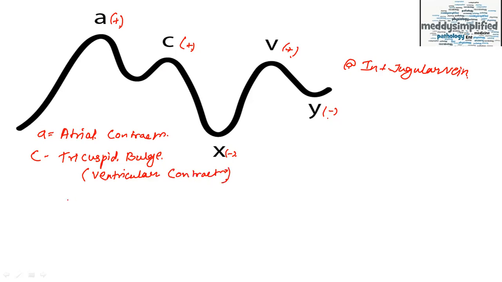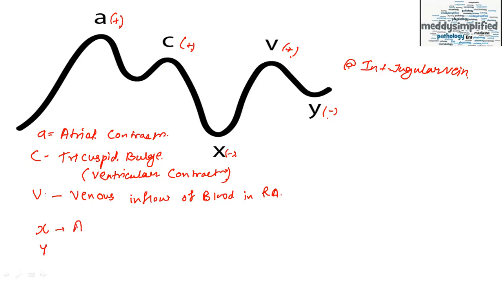After this, if we talk about wave V, that is the third positive wave, it is for venous inflow of blood in the right atrium. And waves X and Y, which are the negative waves.